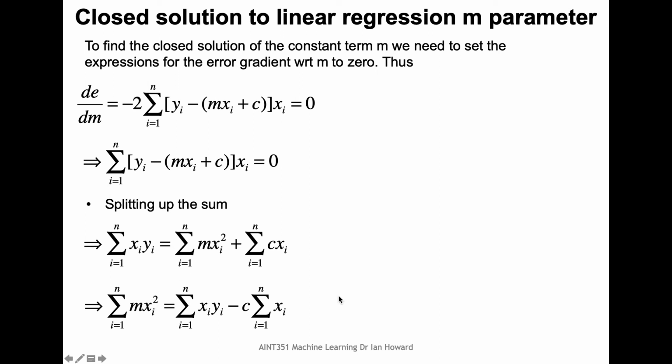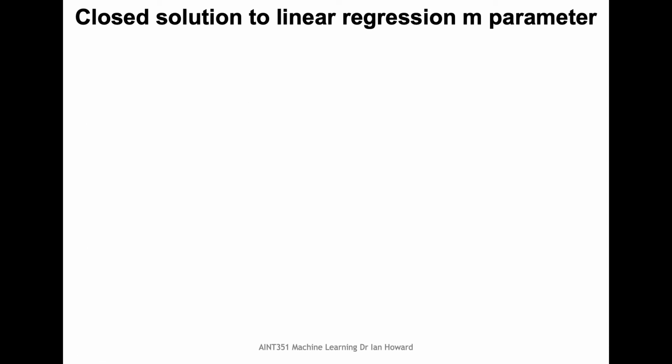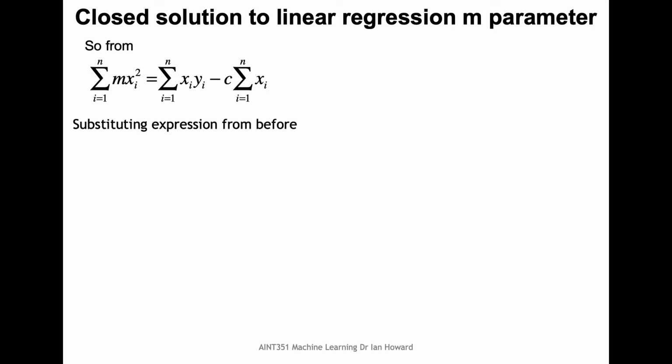So we want this term in the middle here now on the left hand side. So on the right hand side, basically we've got to have this term here, the sum across all data points xi yi, and then we'd have to take away this. So we take away the sum across all data points c xi, and we put the factor c outside there because it's a constant. Right, so we've got our expression here, but we had an expression for c from before in terms of m.